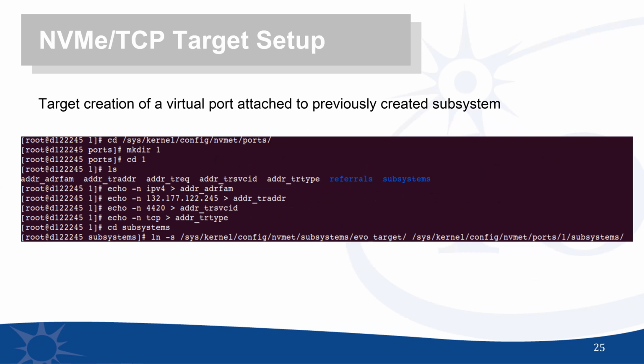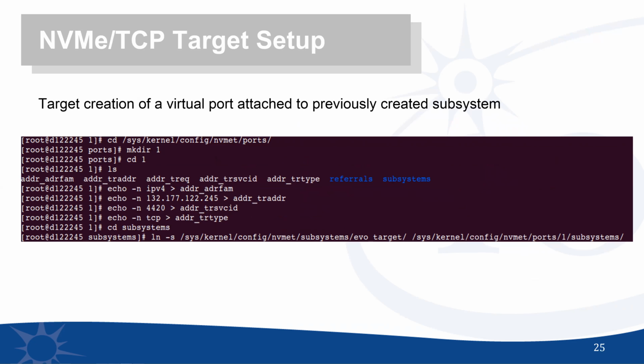And then the last part that we needed to do for the target setup was to create a virtual port. What you can see here is that we've created a virtual port down in the echo statements, where we've said it would be an IPv4 address family. We've given an IP address that is local to our particular network. We've given the actual service ID, which is the well-known 4420 number ID for NVMe.